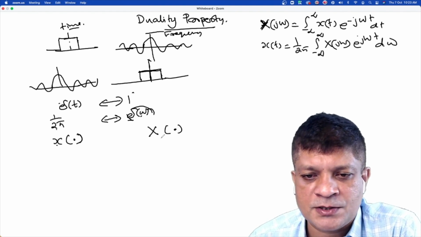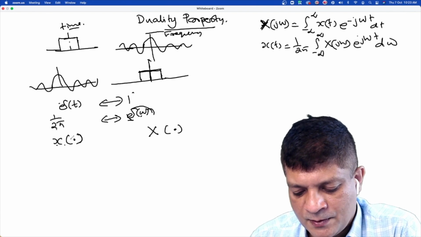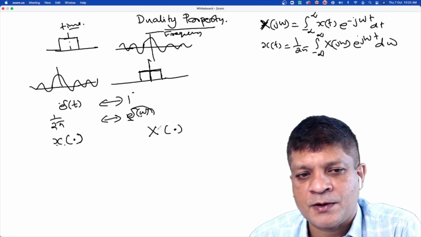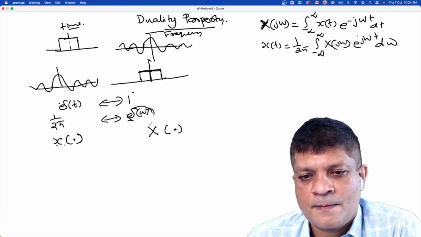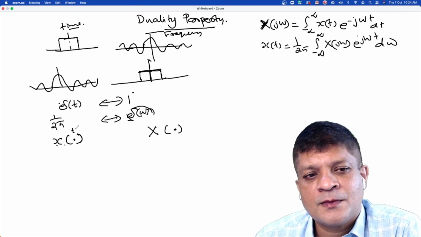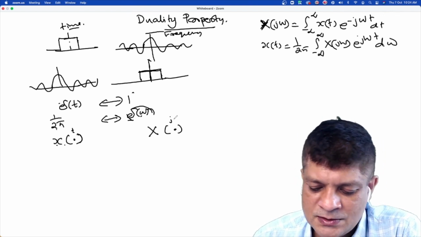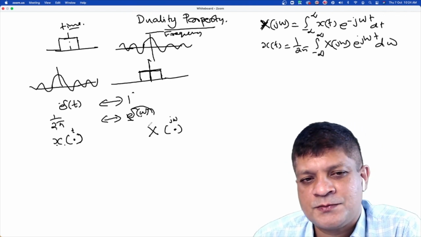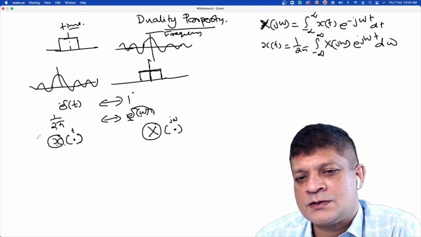It is just a function. The Fourier transform is a mapping from one function into another function, small x to capital X. Here in the time domain we are considering it as a function of t, and here, let's say it is X of j omega. So this is one function and this is another function.